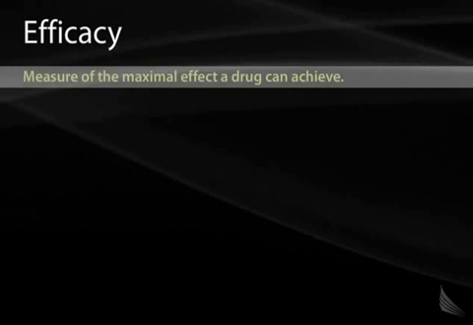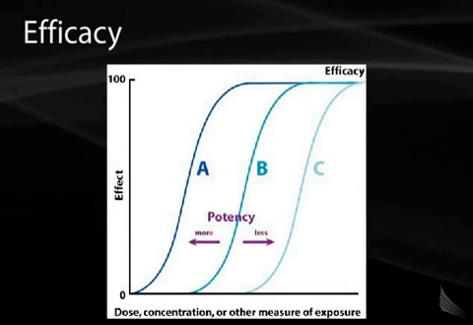And efficacy is the maximal effect that any drug can achieve that's not based on the concentration or dose of the drug. As you can see, as dose increases on the x-axis, effect of that drug will also increase.